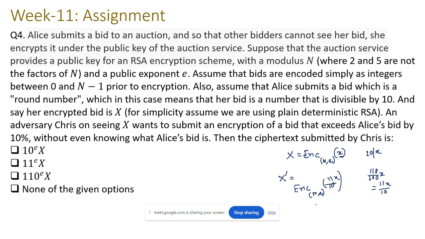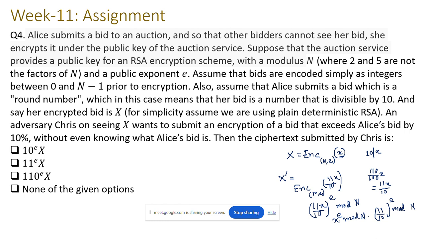So what does RSA encryption do? It takes the plain text and raises it to the power encryption key mod n. Now I can write this as x to the power e mod n times 11 by 10 to the power e mod n, because using modular arithmetic, ab mod n is equal to a mod n times b mod n.